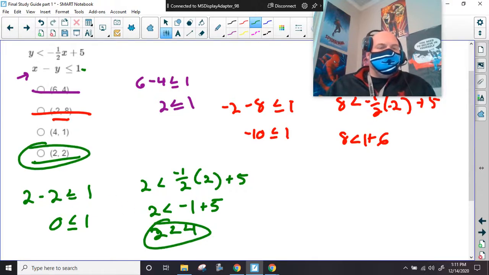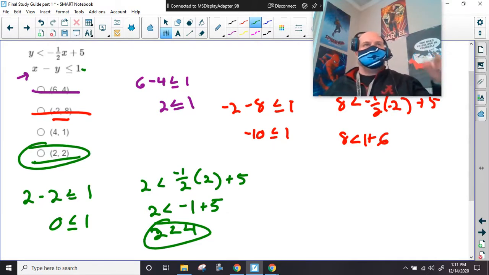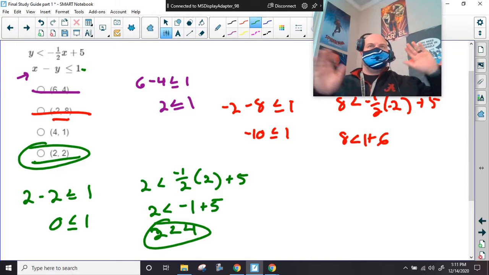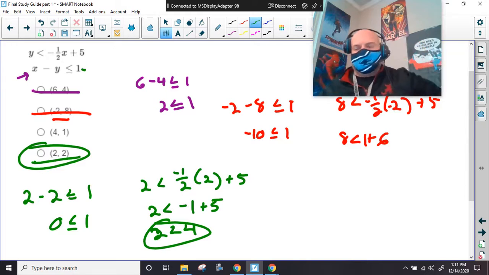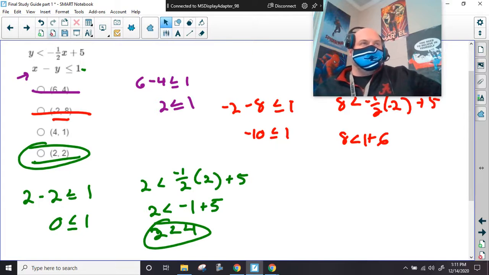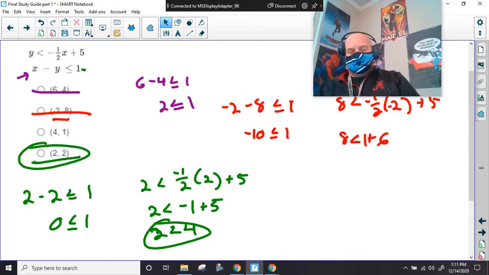Now, honestly, because this is online, this is in Schoology, I would sit there and use my calculator and just plug stuff in, just like we were doing those test points for the constraints of quadratic inequalities. That sounds so smart when I say that. Constraints of quadratic inequalities. Makes it sound like I teach something really difficult.